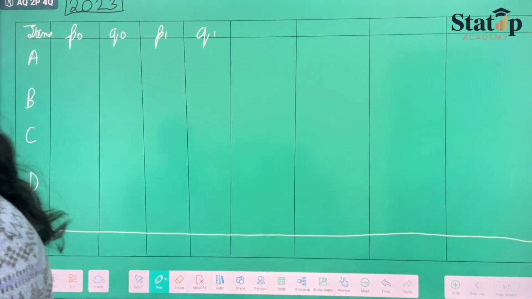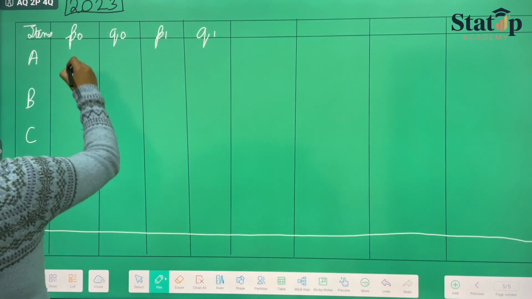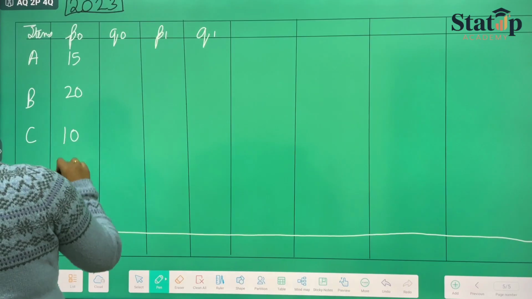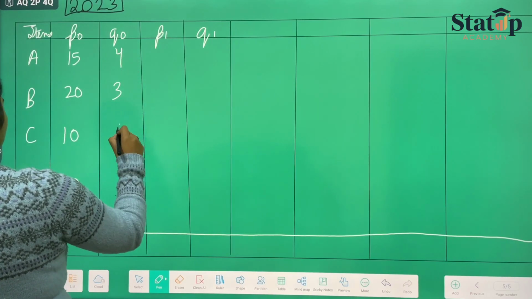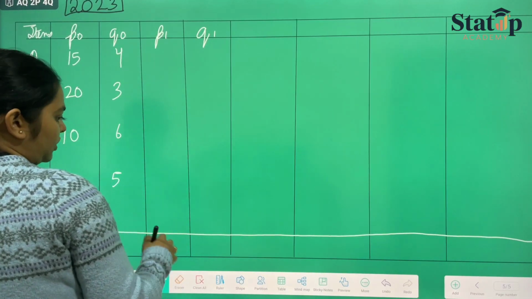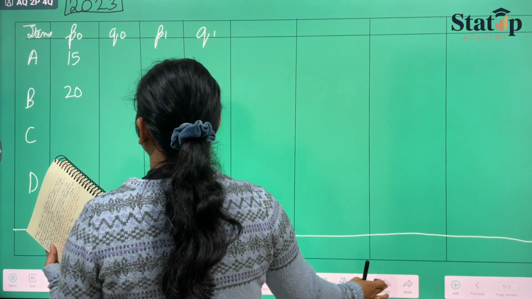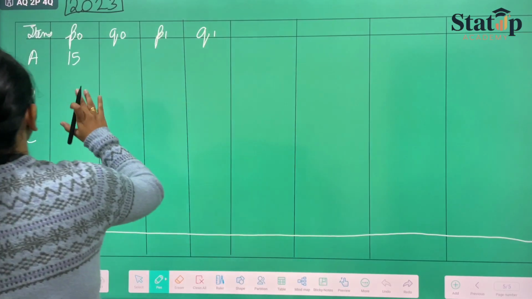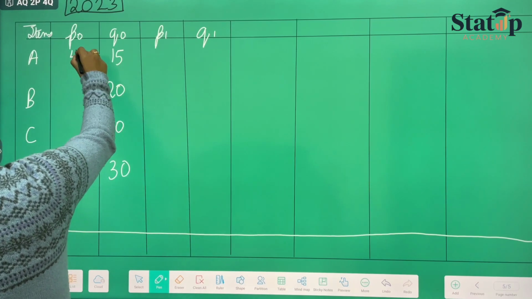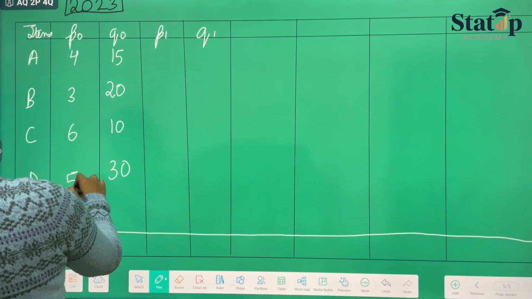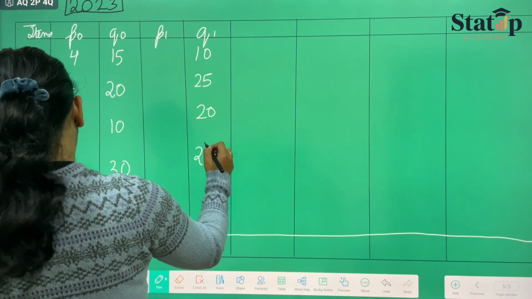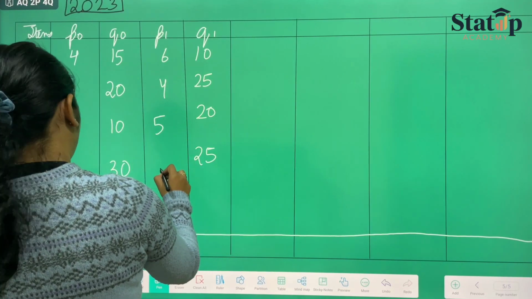And P naught has been given as, let me write the values directly, 15, 20, 10, 30, 4, 3, 6, 5, 10, 25, 20, 25, 6, 4, 5, 5.